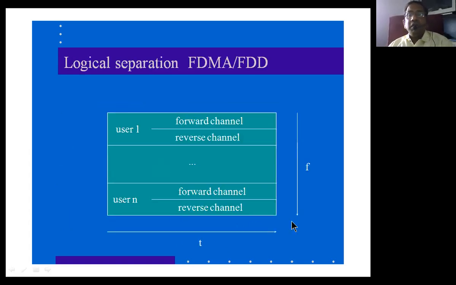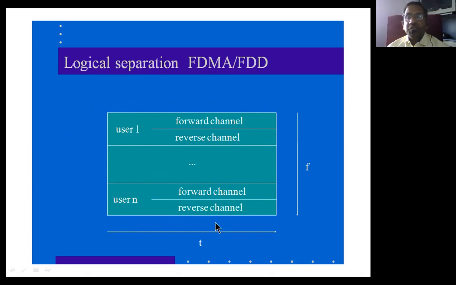Now this is the logical representation of the FDMA, FDD technique. FDMA means what? Frequency division multiple access. On the frequency axis, you are going to have various divisions for users: user 1, user 2, user 3, user 4, and so on up to user n. So different users are allotted different frequency channels.